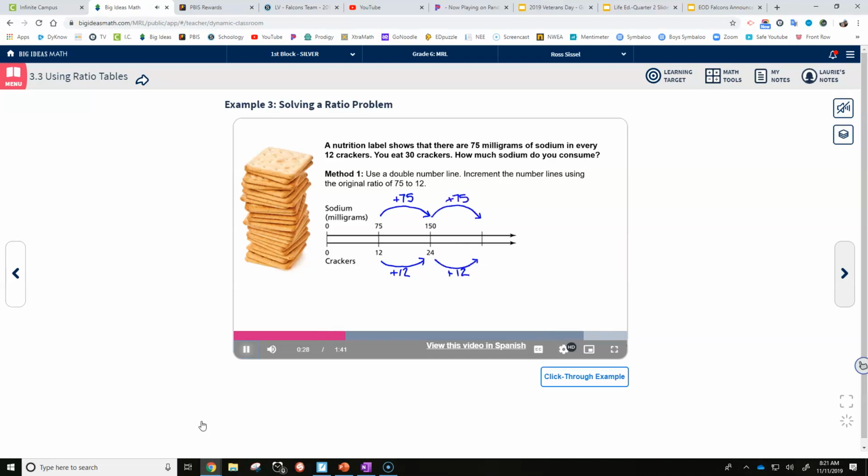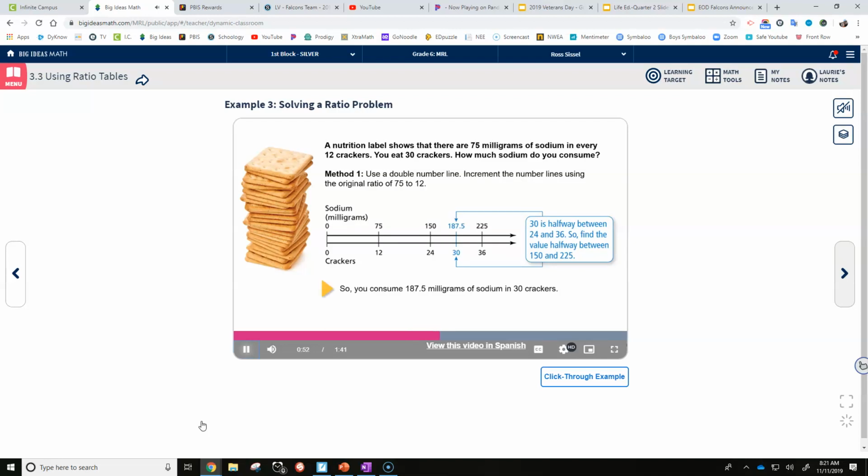Add 75 to 150 and 12 to 24 to obtain the ratio 225 to 36. Notice that 30 is halfway between 24 and 36. So find the value halfway between 150 and 225. 187 and 5/10 is halfway between these two numbers. So you consume 187 and 5/10 milligrams of sodium in 30 crackers.